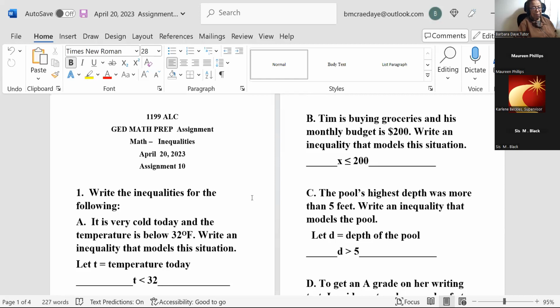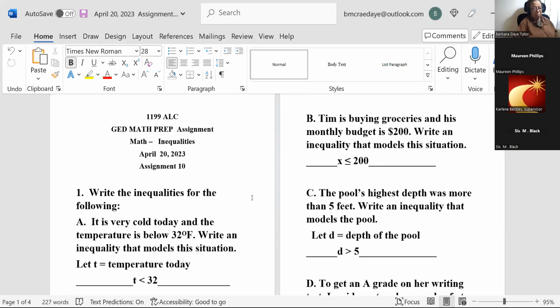Number one says, write the inequalities for the following.